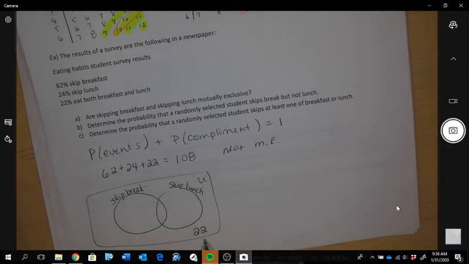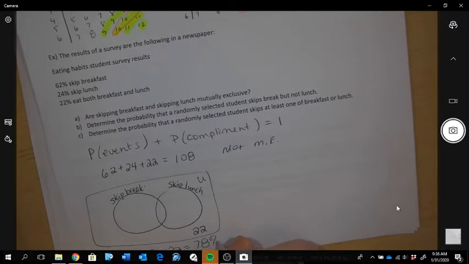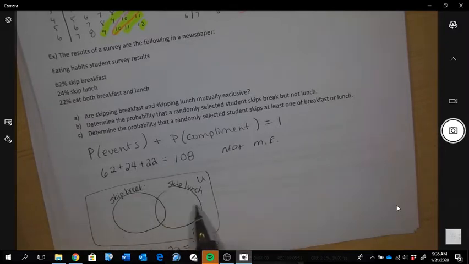So the 22 goes out there. That leaves us with 100% minus 22%, which is 78% that we're going to put into these spots.